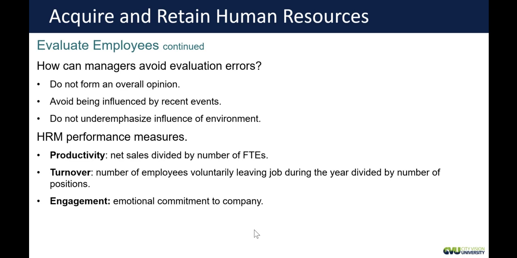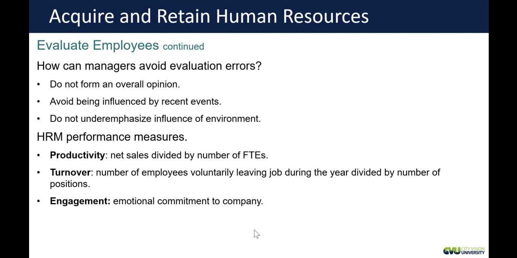And when you start going through this evaluating process, one of the things that managers sometimes do is focus on one thing, like, oh, I saw you do this once, and then they focus the whole evaluation on that one item rather than saying, hey, this is what's happened over the last 90 days.